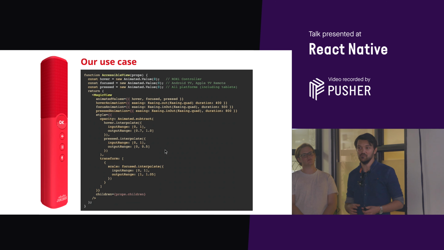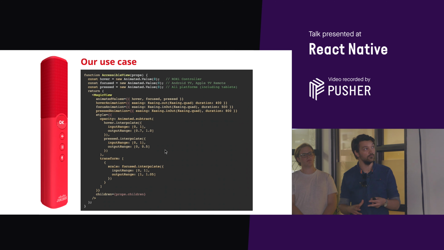So we wanted to have a single code base to be able to define those 3 different animations: the progression of a component being hovered, being focused, and being pressed. And we're actually able to create a component called accessible view, which means anything that can be accessed has a different property on different platforms.